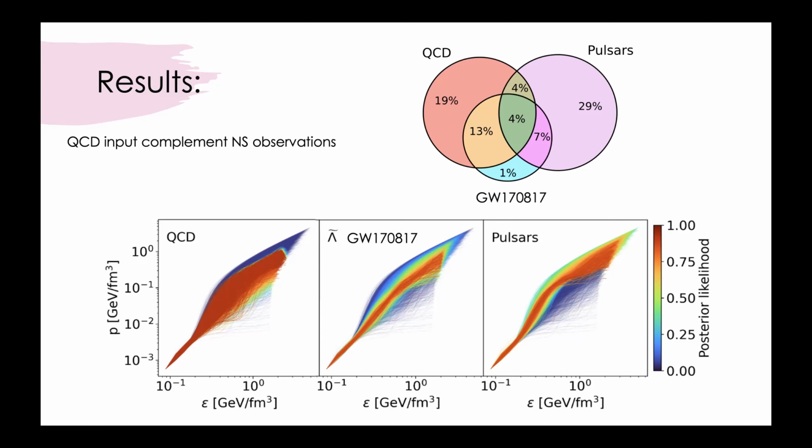There's a little bit of discussion in the community, I see, whether or not this normalization factor should be included in the prior, and that slightly suppressing factor for very hard equations of state in pulsars, and also in GW170817, comes from this particular fact.